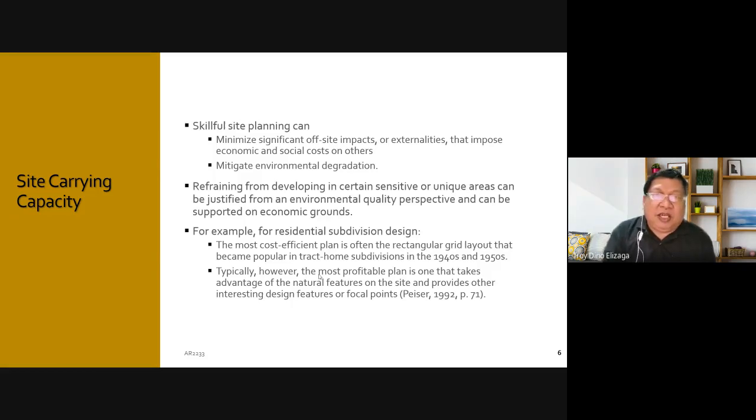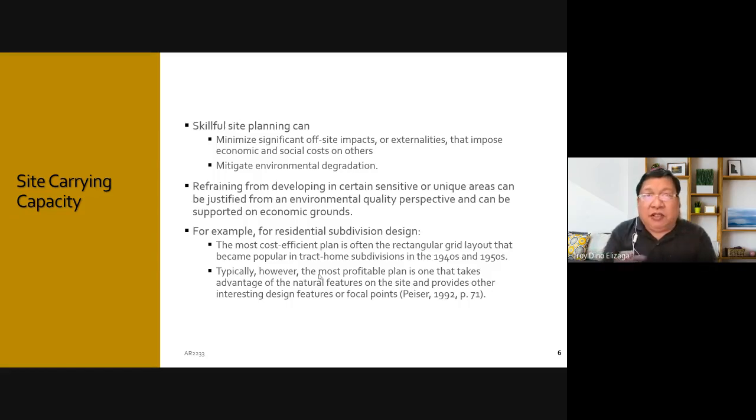And we also mitigate environmental degradation. We've been thinking so much of development, to the point that we cover all the land with cement, and then no water can penetrate the ground and recharge the aquifer. So therefore, we start to lose water, and then it starts to flood, etc. So there has to be a good balance.